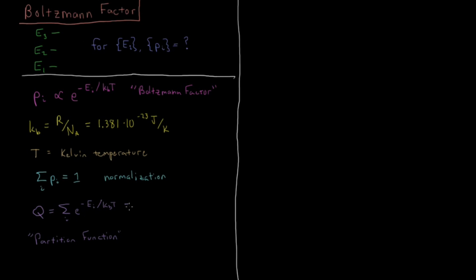And additionally, we can express this in a slightly different but equivalent way: the sum over i of e to the minus beta E_i, where we define this beta quantity as 1 over the Boltzmann constant times the temperature. And this beta is sometimes just easier to work with.